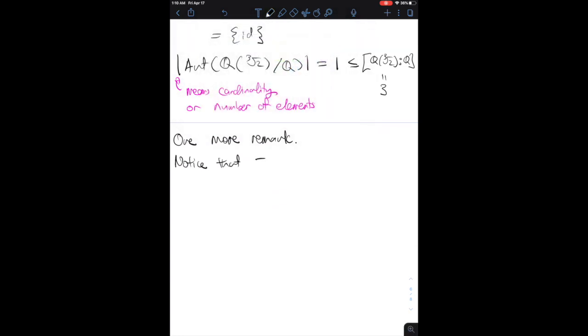I also have to attach this element i root 3, and then I'll be able to get all three roots into the same field.